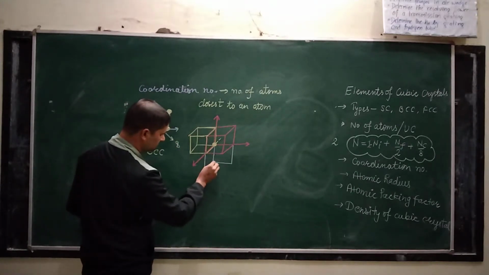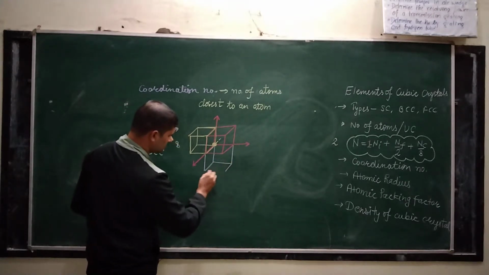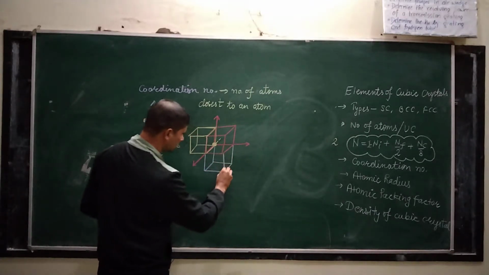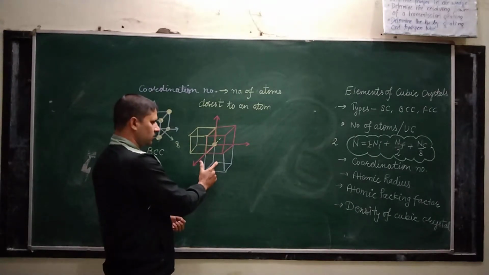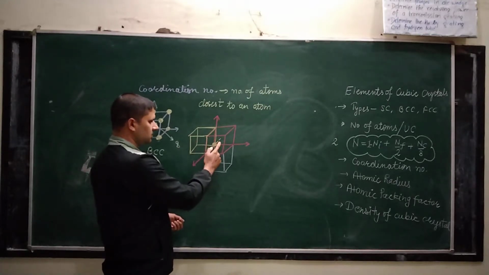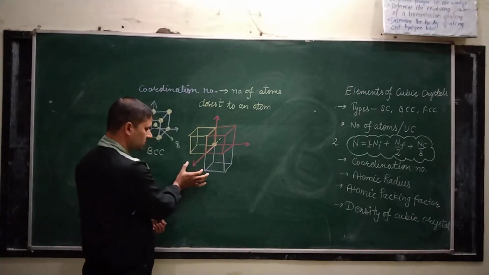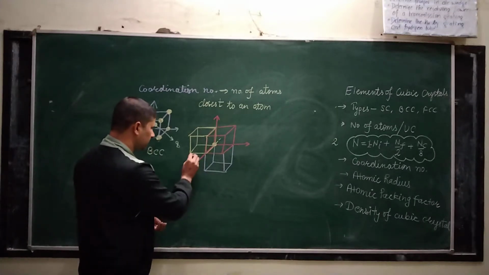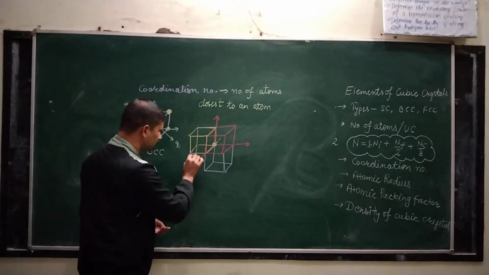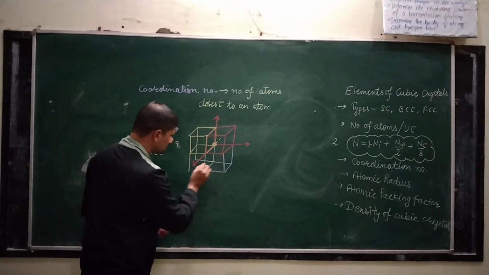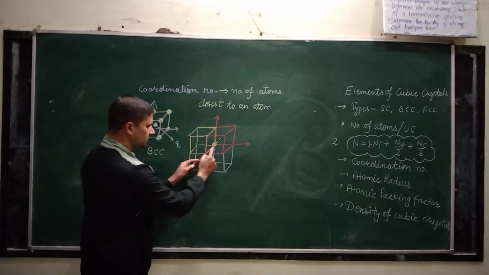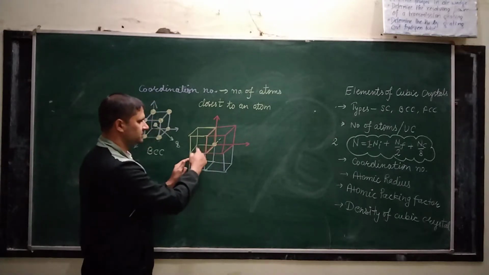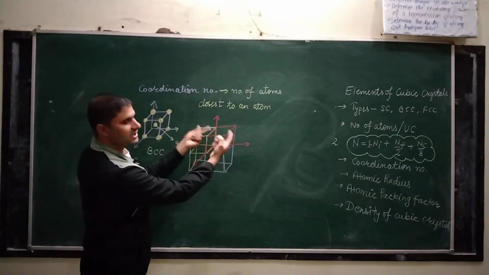Okay class, so this is shared by 1, 2, 3, and you can make one more cube here. Let me draw it. You can see this is one more cube, and this corner is shared by 4 cubes. And 4 cubes are behind it.